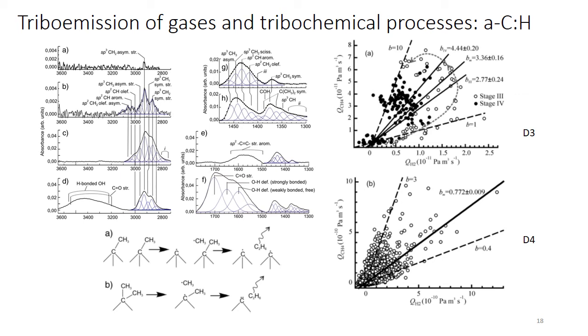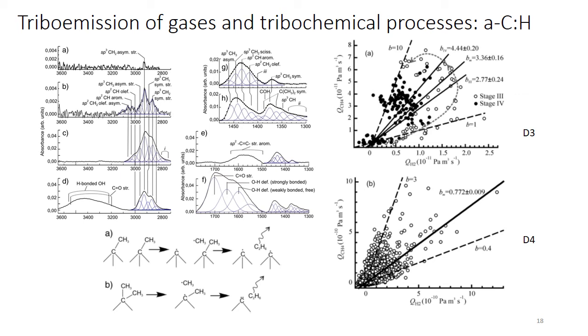Here you can see this cross-correlation graph for methane versus hydrogen for the D3 and D4 coatings. This is the maximum hydrogen concentration. This is the second hydrogen concentration. So you can see at the beginning the ratio is close to 1 mole of methane to 1 mole of hydrogen, but during friction it decreases and we have 10 times more methane than hydrogen.